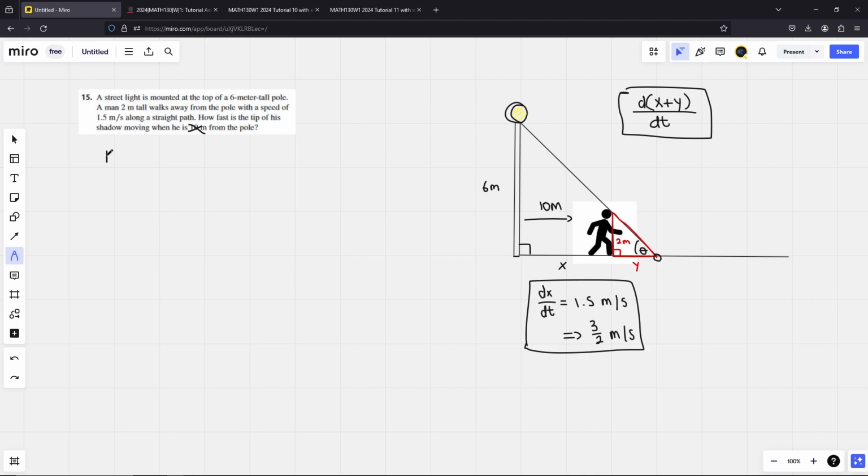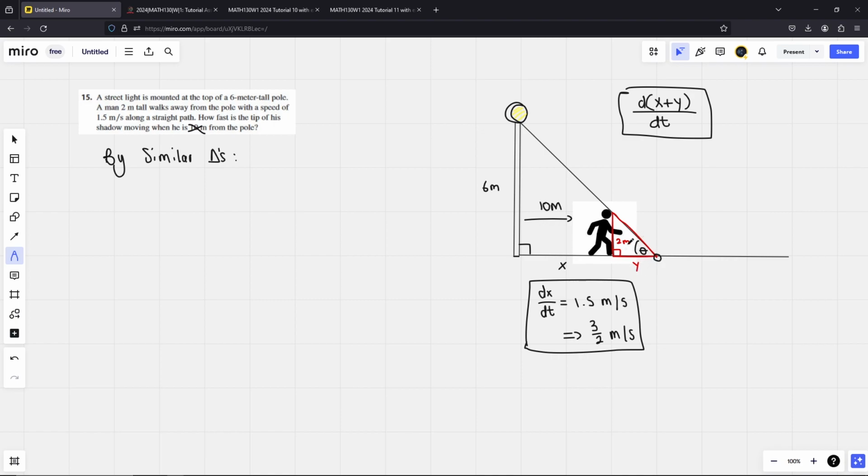So I can say, by similar triangles, well, before I go to that, let's look at the angle theta.